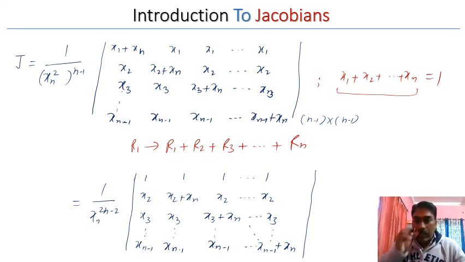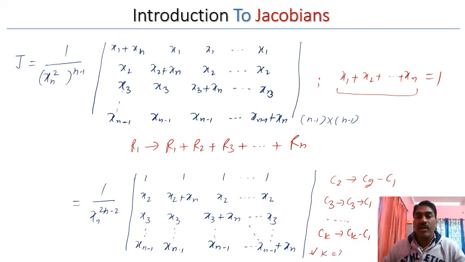So now what you can do, take the column operations. What are the column operations? These column operations: c2 goes to c2 minus c1, c3 goes to c3 minus c1, and in general ck goes to ck minus c1 for all k from 2 to n minus 1.